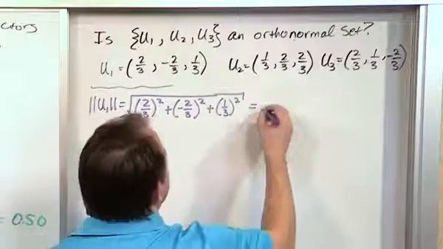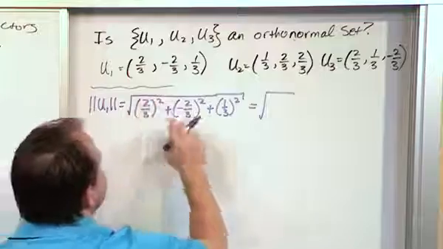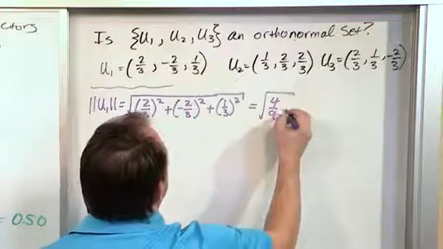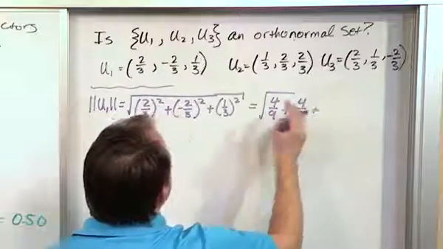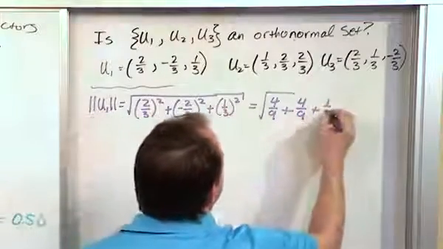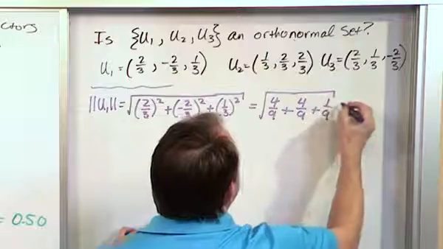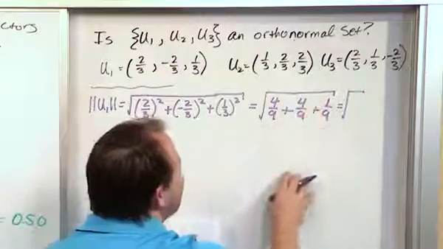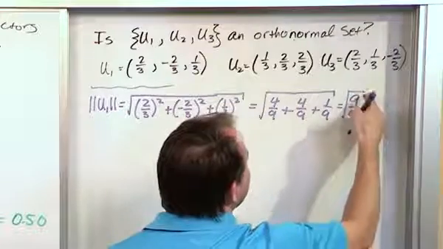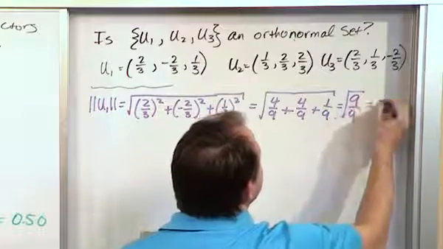Inside the radical, I'm going to have 4/9. Here, you square this, that's also going to be 4/9. And you square this, it's going to be 1/9. So I think you guys can realize that this is going to be 4 plus 4 is 8 plus 1 is 9, so it's 9/9, which is obviously 1. You take the square root, you're going to get 1.